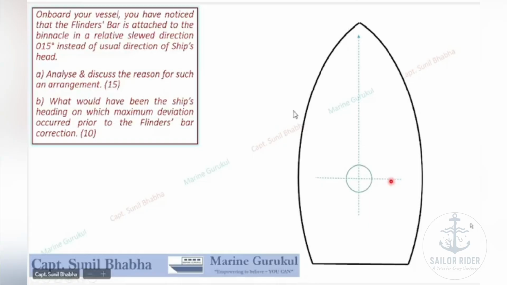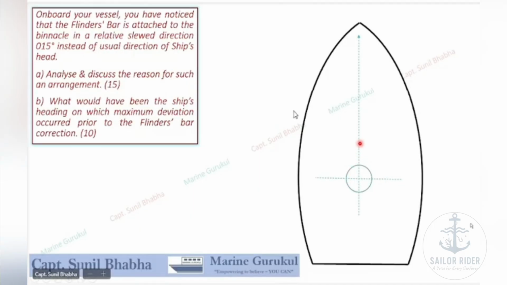Now the question says the Flinders bar is attached to the binnacle in a relative slewed direction of 015 degrees. Now the 015 degrees is basically the relative direction of the Flinders bar with respect to the ship's head.